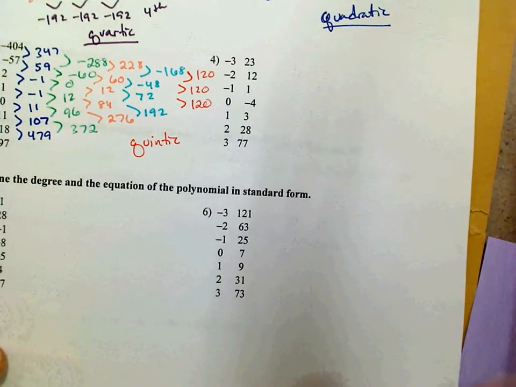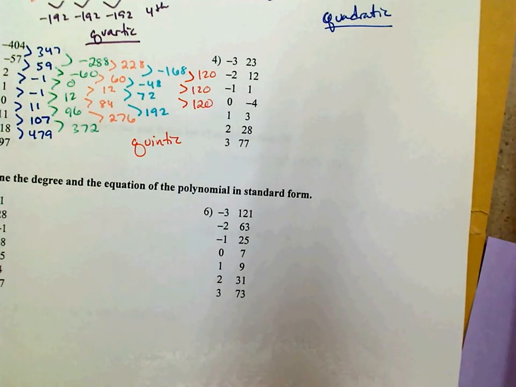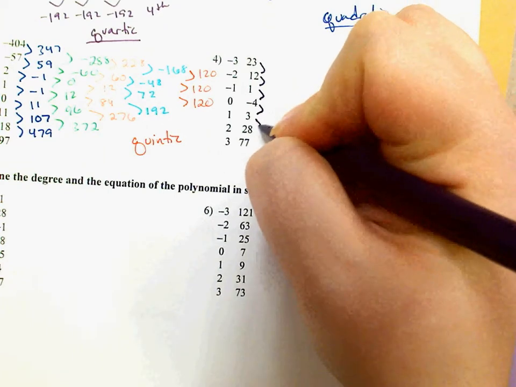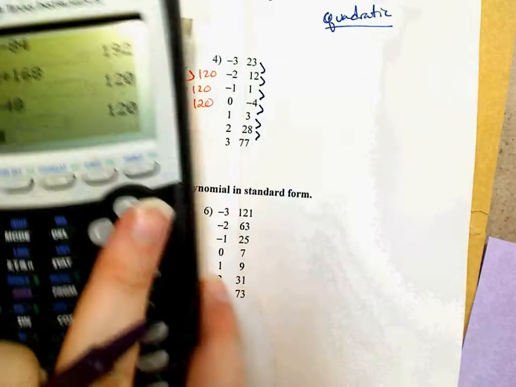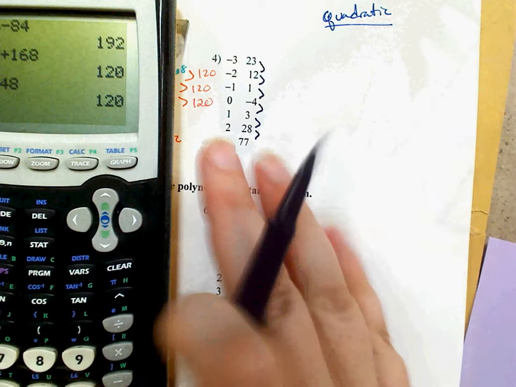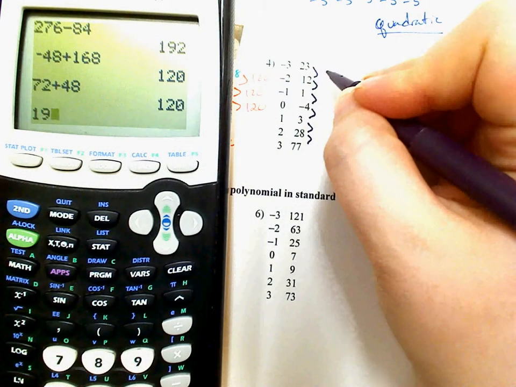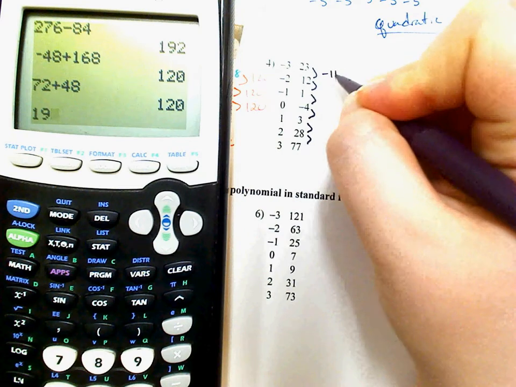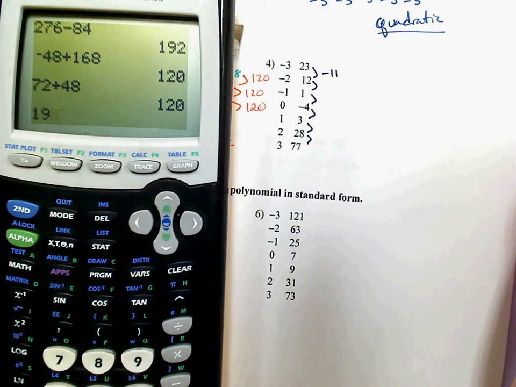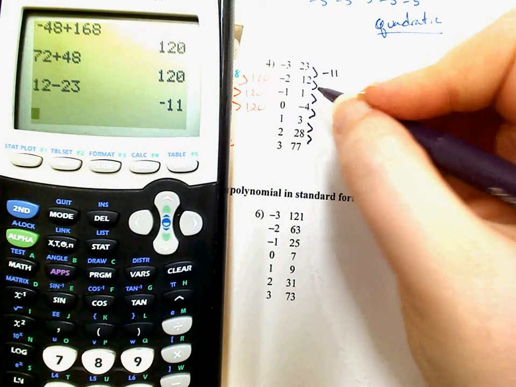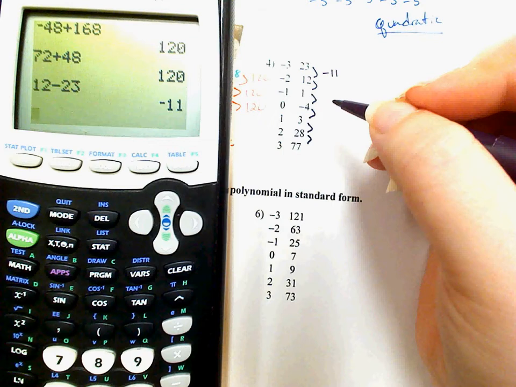Alright, last one like this, where we're just finding differences. 12 minus 23 is negative 11, because 23 minus 12 is 11, so yeah. Okay, I don't want to be wrong. 1 minus 12 is negative 11.